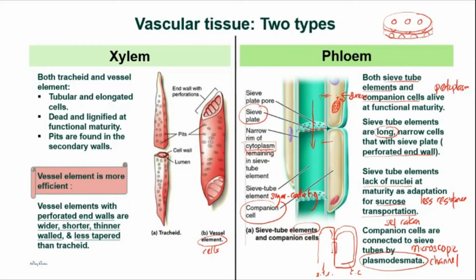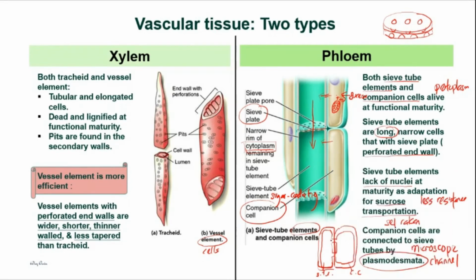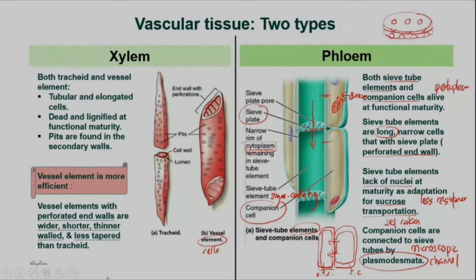Here you can see the untuk menunjukkan dia ada degeneration. Dia mengalami degeneration also untuk menunjukkan ada ruang kosong ya supaya sucrose boleh bergerak dengan mudah juga.